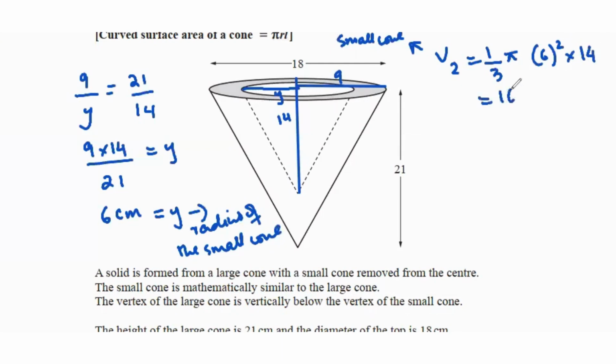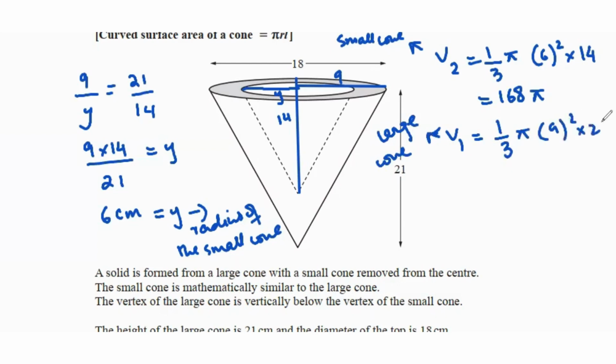So that is 168 pi. Now I find the volume of the larger cone. That is going to be 1 over 3 pi 9 square times 21, which is going to be 567 pi.